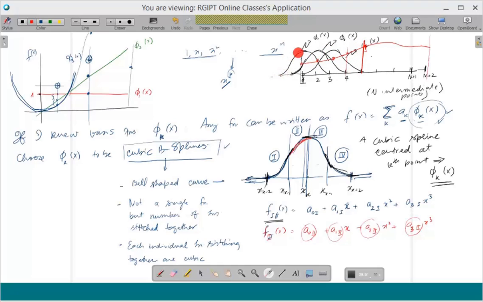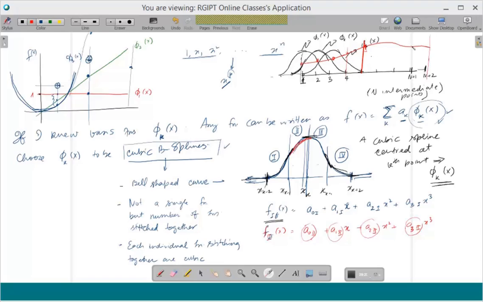You can assign some weights to these individual functions, which are still unknown, but that's what we want to find out, so that these values match, or whatever condition you impose on the function are matched perfectly by assigning some relative weights to these individual basis functions.